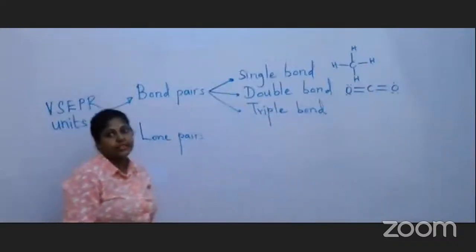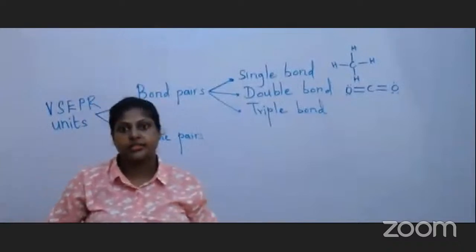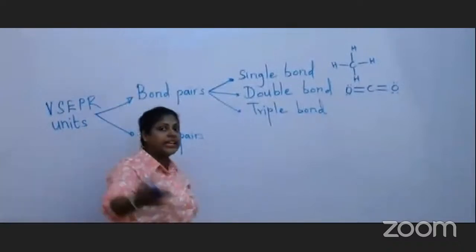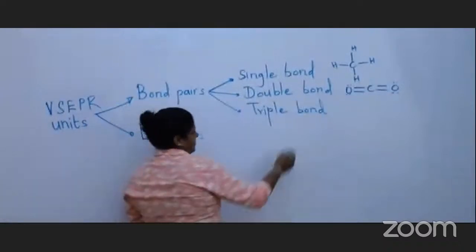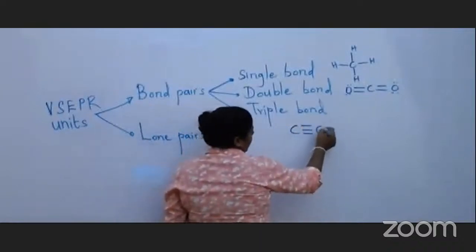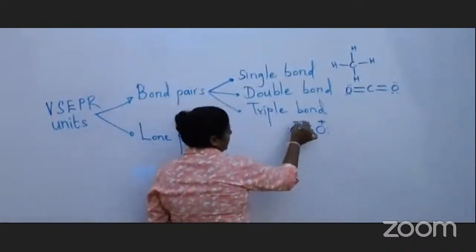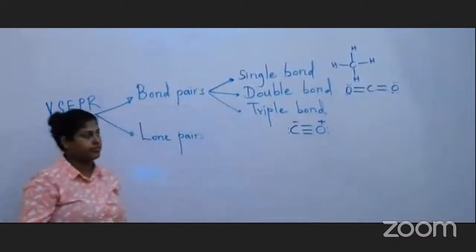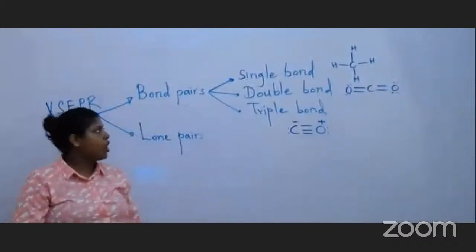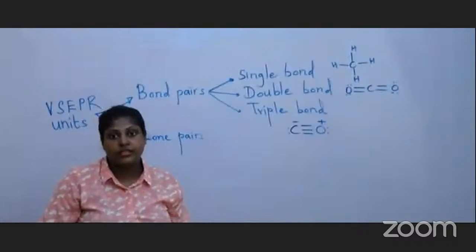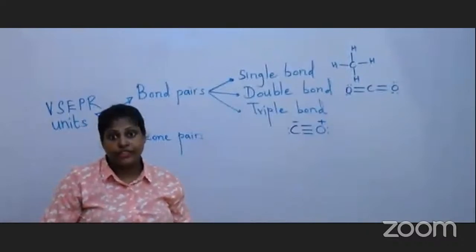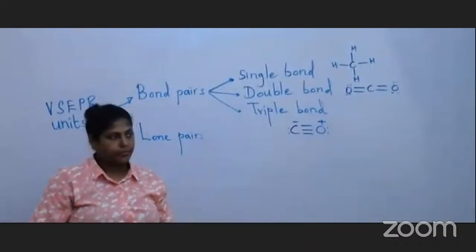For a simple molecule having a triple bond, as an example, we can take carbon monoxide, with a plus charge on oxygen and a negative charge on the carbon atom. So single bond, double bond, triple bond is one of the VSEPR units.